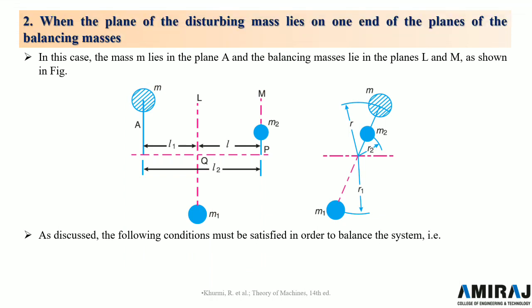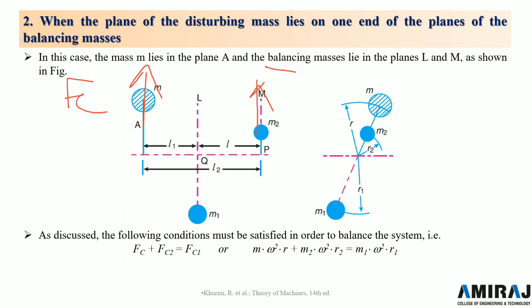So we must consider two cases, and we have to balance the system. So Fc plus Fc2 is equal to Fc1. So यहाँ पे जो Fc है सेंट्रीफ्यूगल फोर्स और Fc2 है, उन दोनों को सम करेंगे. यहाँ पे ये दोनों फोर्सेस है Fc और Fc2, इन दोनों का सम क्या होगा, इक्वल टू Fc1. ठीक है. जो अगला वाला केस था उसमें बैलेंसिंग मास बीच में था, जो अनबैलेंस मास था वो बीच में था, यहाँ पे साइडवेज में है. ठीक है.